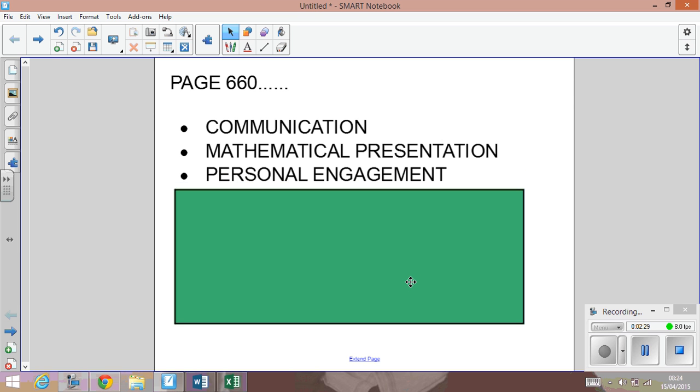Personal engagement. You get a mark for how well engaged you are in your work. And this means it's a good idea to start off with something you're really interested in, really passionate about. The best maths, the most enjoyable maths is when you're really engaged in it. Think of an architect or an engineer or a designer. They're really engaged in what they're doing because they're making it.